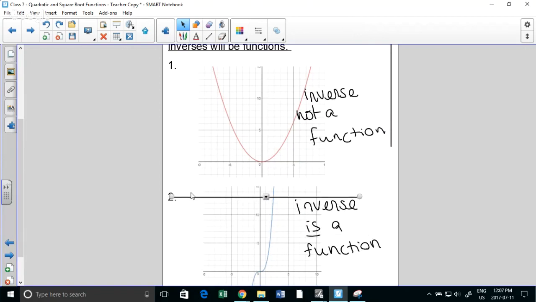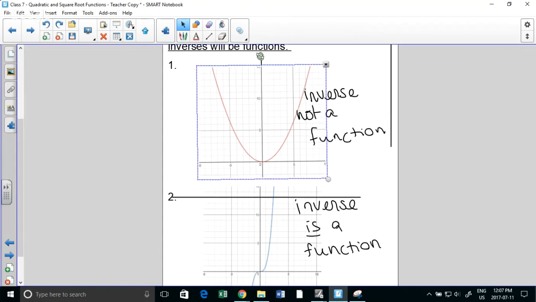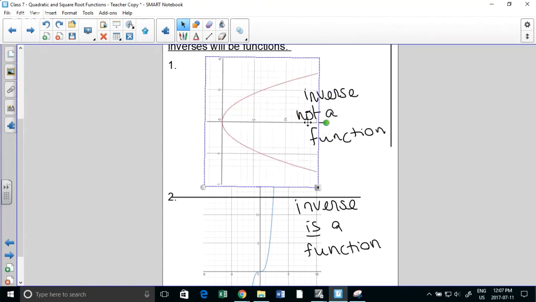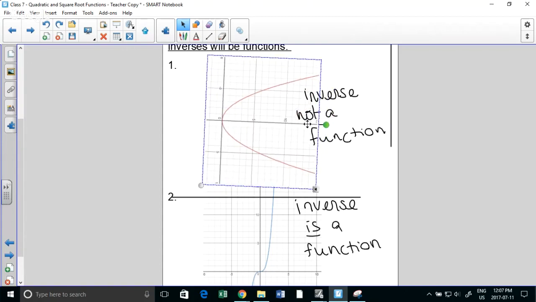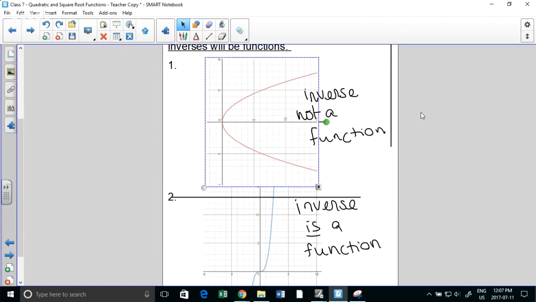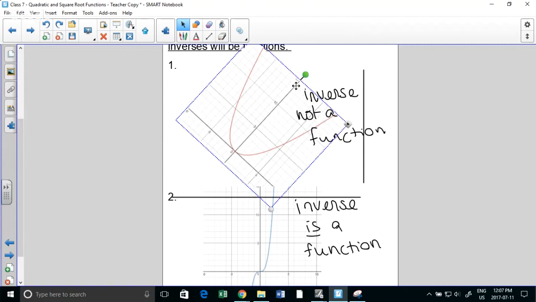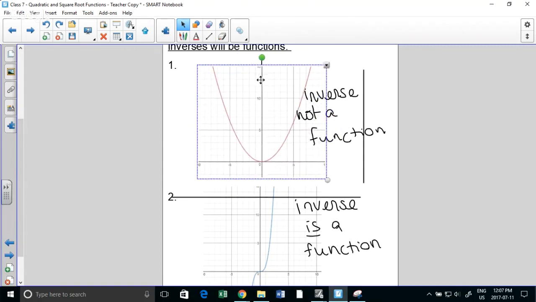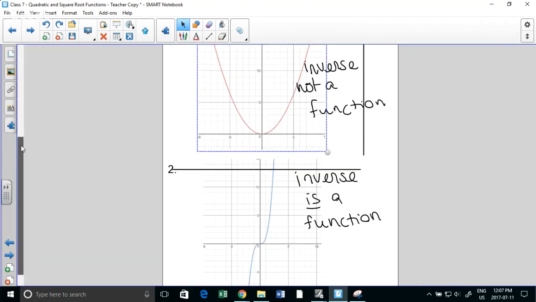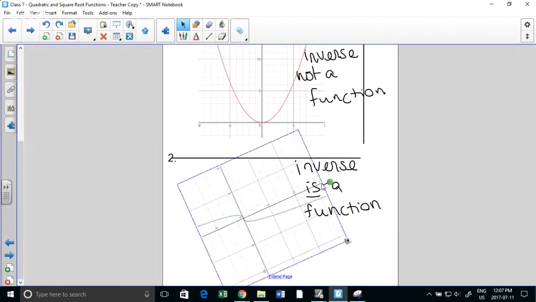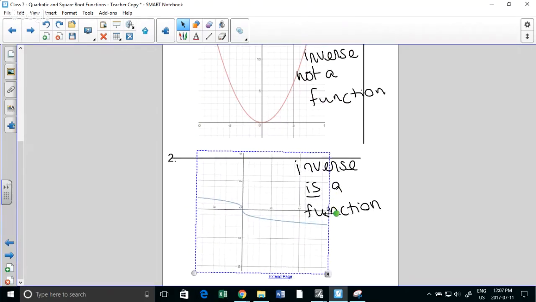Because when you're finding the inverse, you're rotating it sideways. So if I'm rotating this sideways, theoretically, because I'm flipping it and rotating it, now this doesn't pass the vertical line test. So it's just a way of analyzing it so that I don't have to flip it. I can just leave it like this and still analyze it. So doing the horizontal line test is like doing a cheat vertical line test.